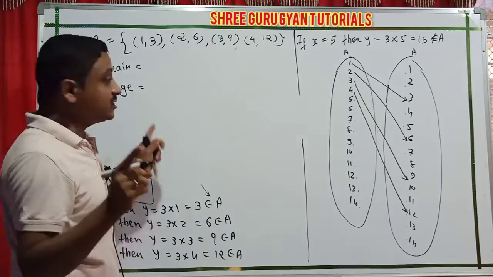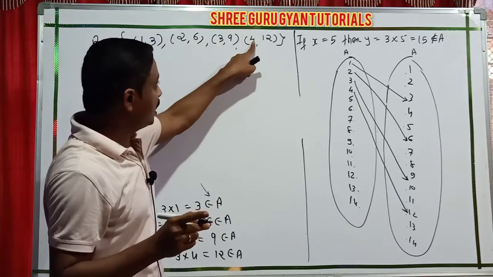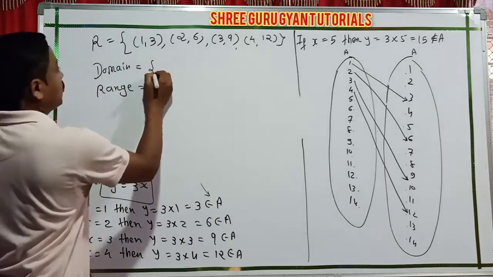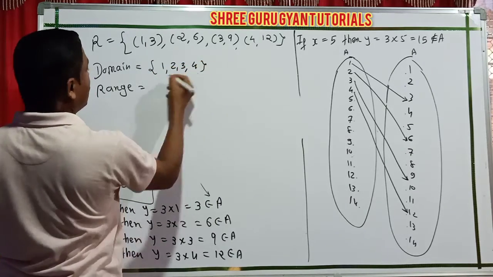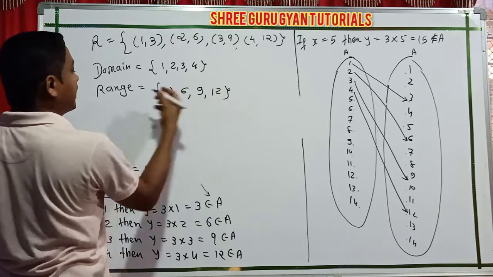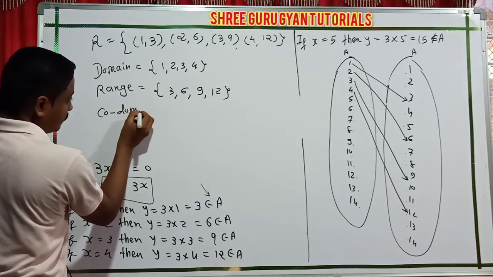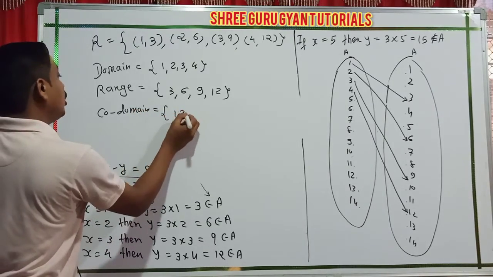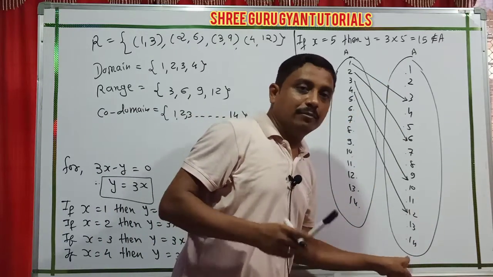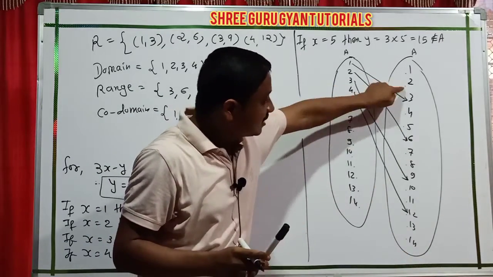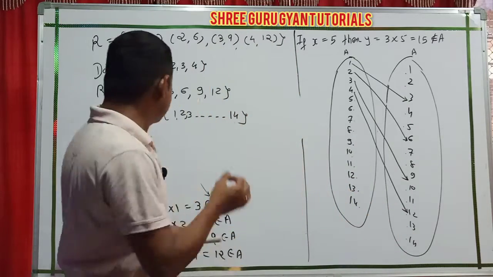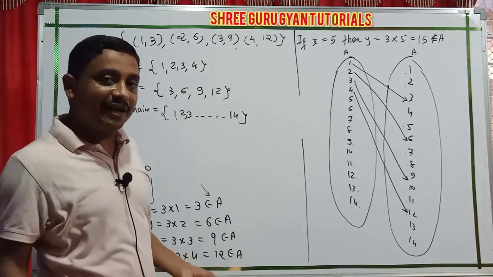Students, domain means the first values 1, 2, 3, 4, from which we are making relations. So the answer is {1, 2, 3, 4}. What is the range? The second values: 3, 6, 9 and 12. And if you ask for the codomain, then write down 1 to 14. These are all our codomain. But only and only the relations exist for 3, 6, 9 and 12. So students, this numerical is easily and happily ending.